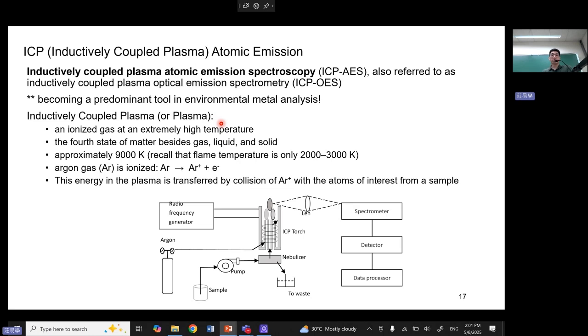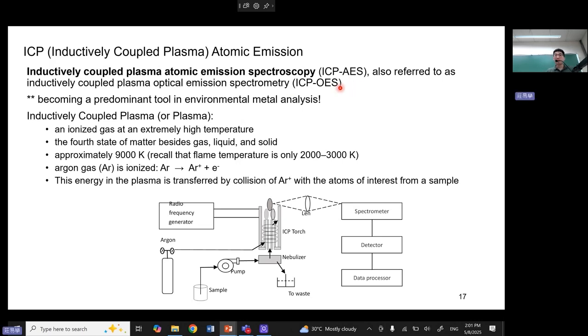So the third instrument I'm talking about today is ICP. ICP is an acronym for inductively coupled plasma. The full name for ICP OES or ICP AES is ICP Atomic Emission Spectrometry. Sometimes we refer to it as ICP OES.